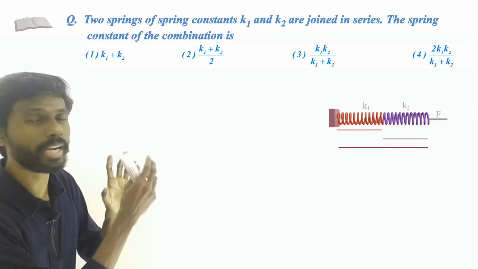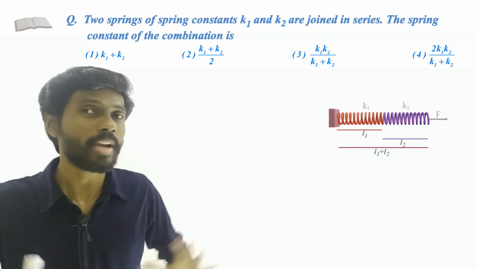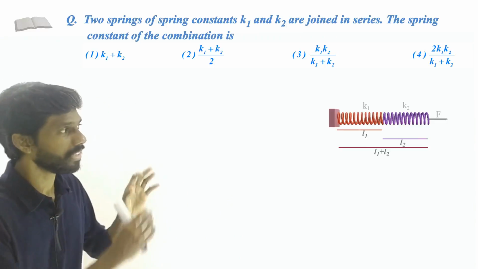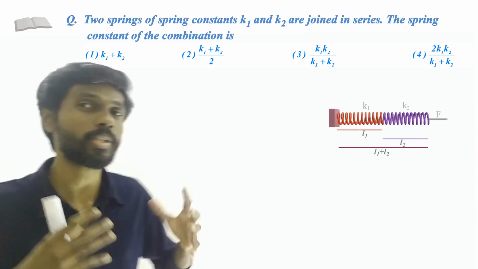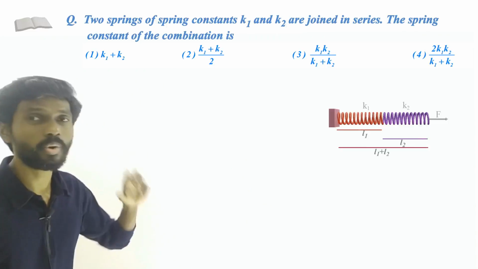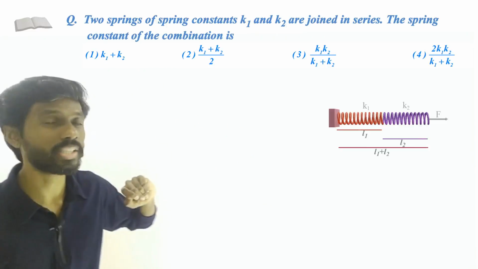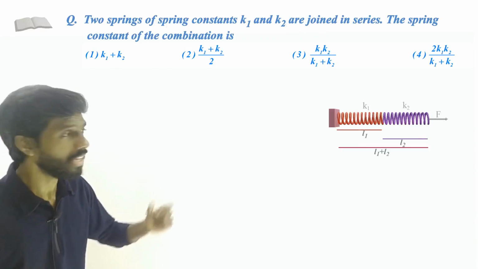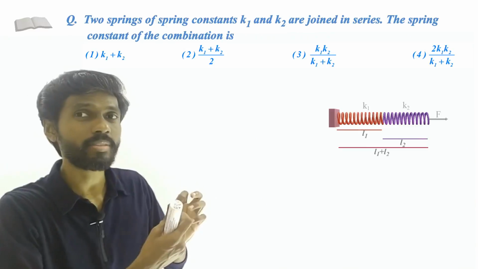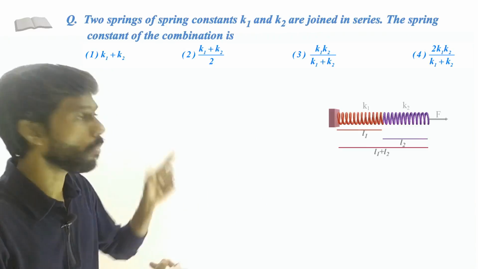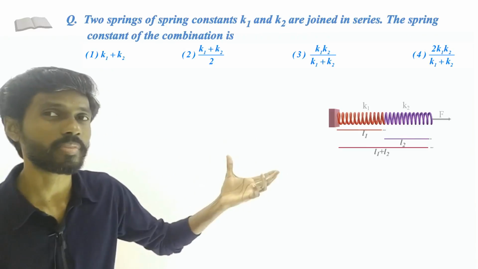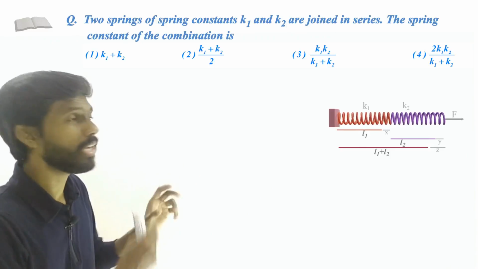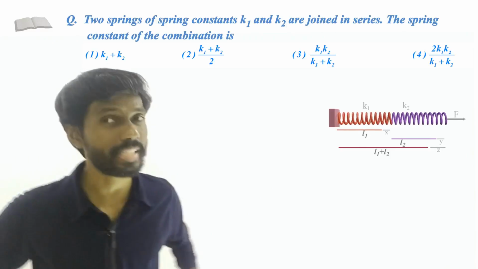First, L1 and L2 are the lengths of these two springs. Now when they are joined together, the length will become L1 plus L2. That is the total length of the spring now. Initially K1 and K2 are the spring constants. Now when you apply a force F in this direction, each of these springs will get elongated, by lengths X and Y. X is the elongation of the first spring and similarly Y is the elongation of the second spring.